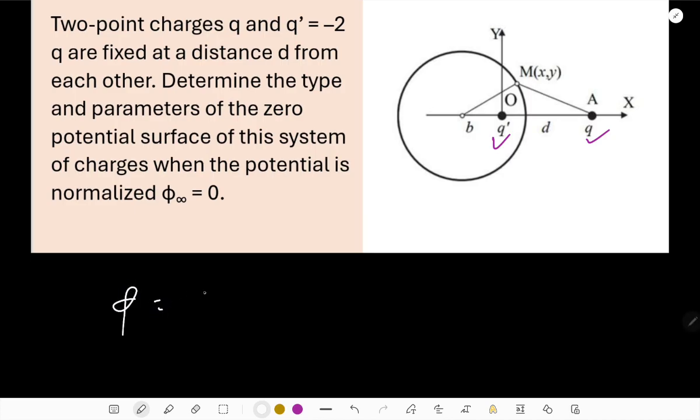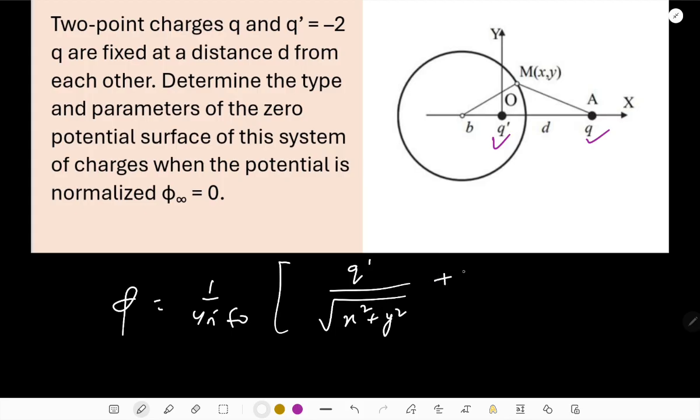The potential at point M will be 1 by 4 pi epsilon naught, and then for q dash the distance is simply under root x square plus y square, because this is the origin.